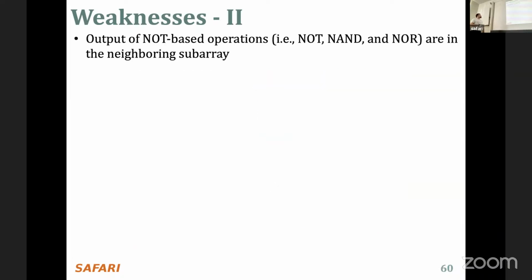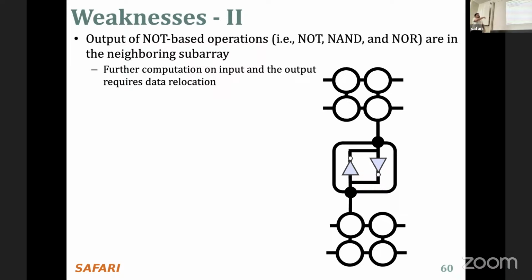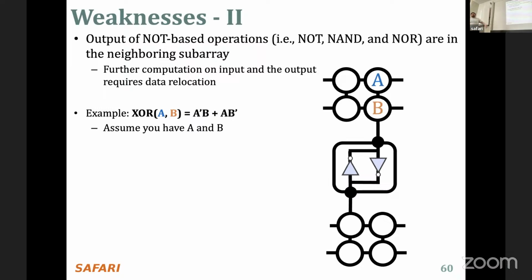And the second weakness is that the output of the NOT-based operations, NOT, NAND, and NOR, is in the neighboring subarray. So further computation on input and output requires data relocation. For example, again with this pictorial example, let's assume we want to perform an XOR operation. XOR can be represented as A-not and B, or A and B-not, right? So assume you have A and B over there. First, you need to perform that operation to get A-not and B-not.